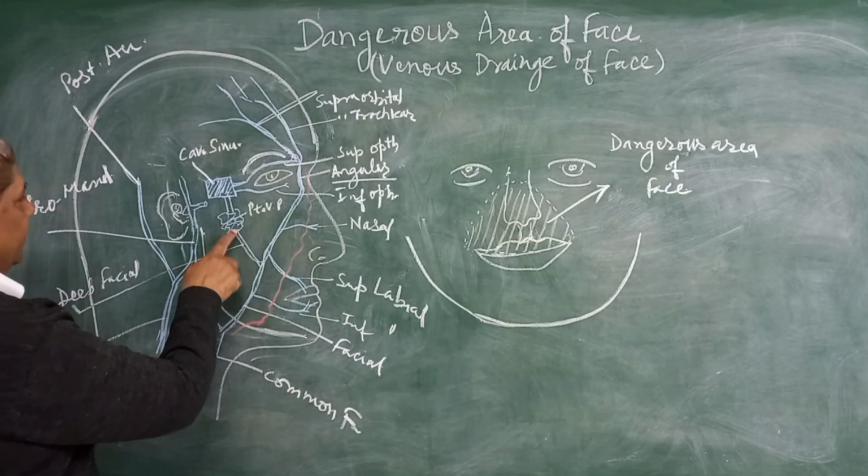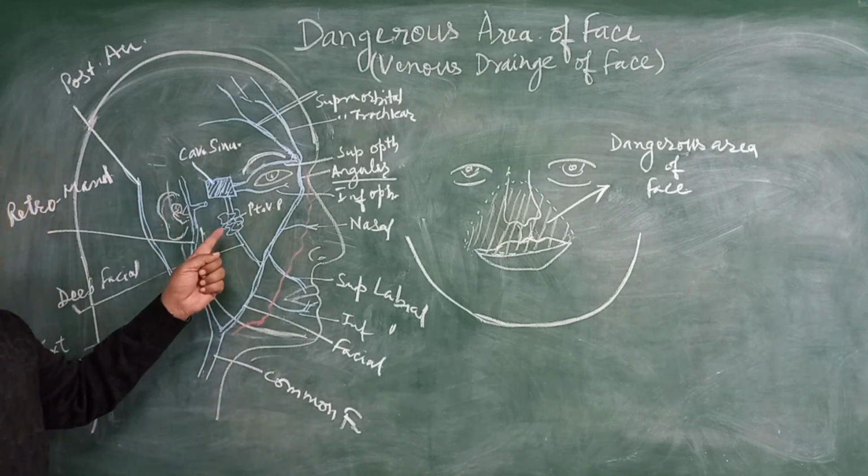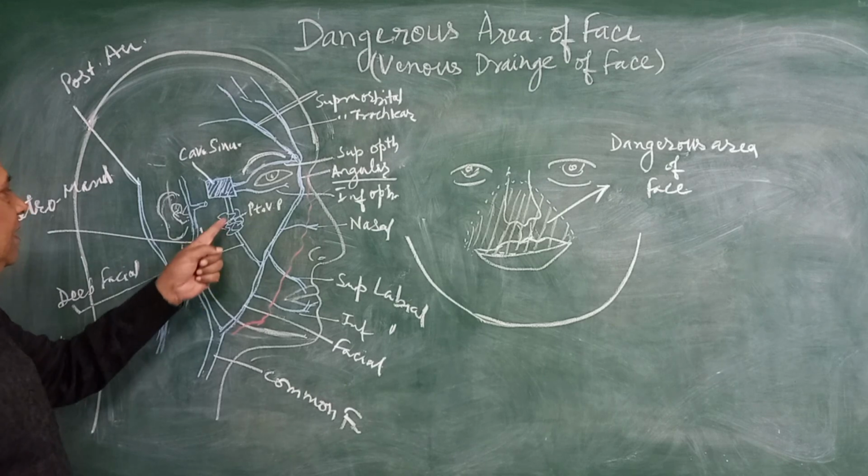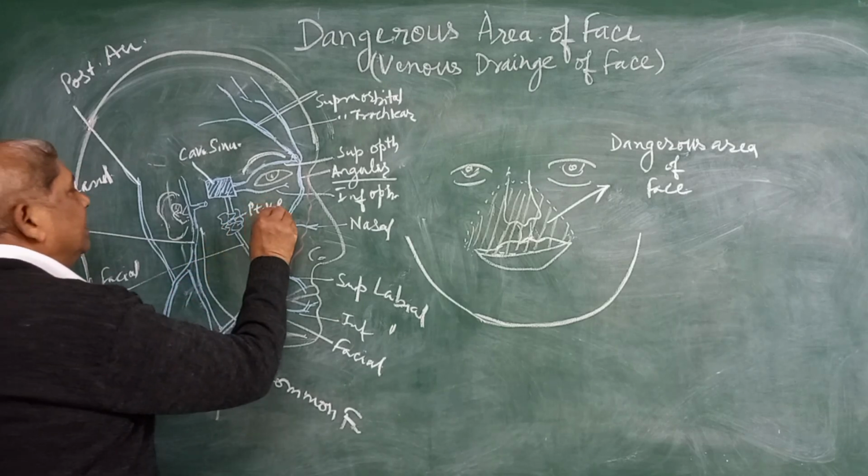This vein will go upward to communicate with a plexus of veins situated on the lateral pterygoid muscle, which you will learn later, called the pterygoid venous plexus.